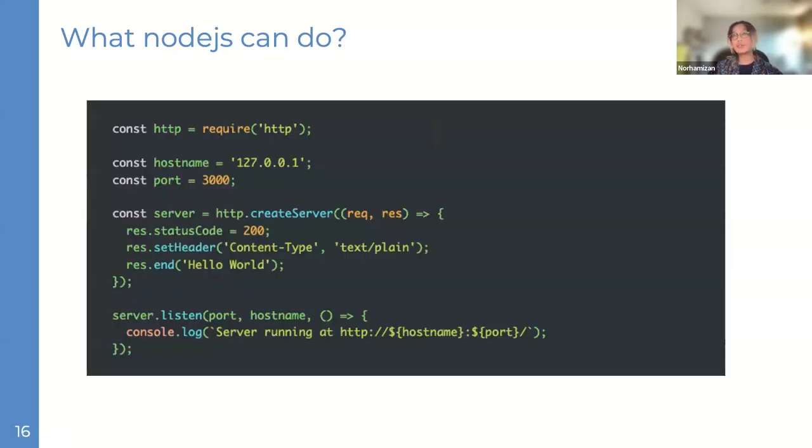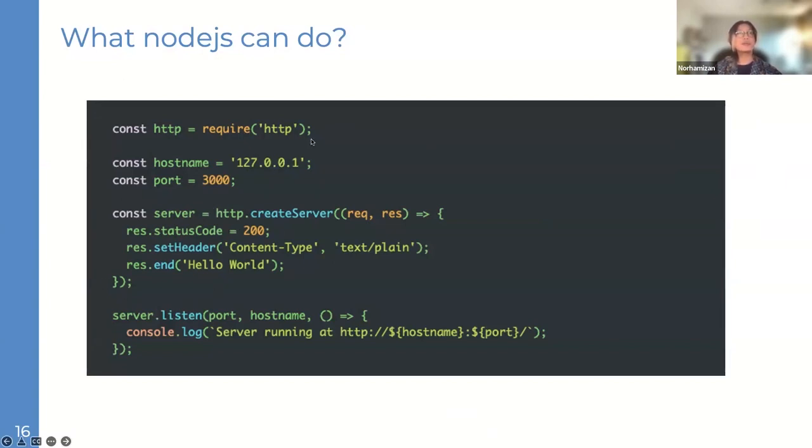This is what Node.js looks like when you're building a REST API. This is just a basic example with Node.js, and it is using Express, if I'm not mistaken. Express is a web framework that you can use to build REST endpoints.